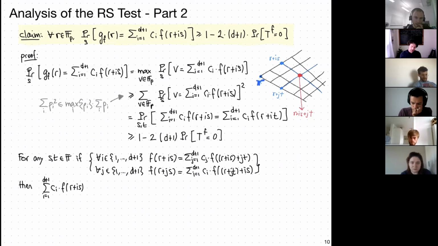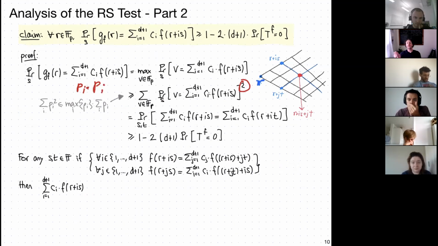We had exactly the same thing before. Here we're saying we take a value and we want to know the probability that taking a random shift will hit the value V. But there is also a square, right? So it means that we have a certain probability Pi of hitting the value V once, and we also want the probability of hitting it again.